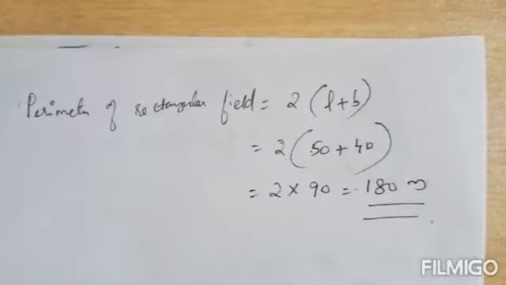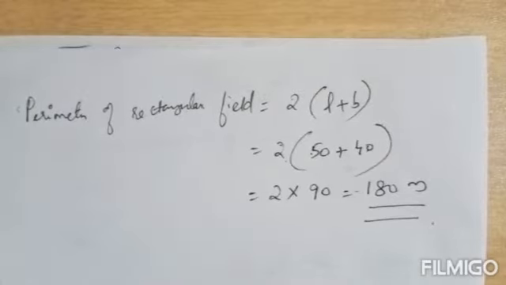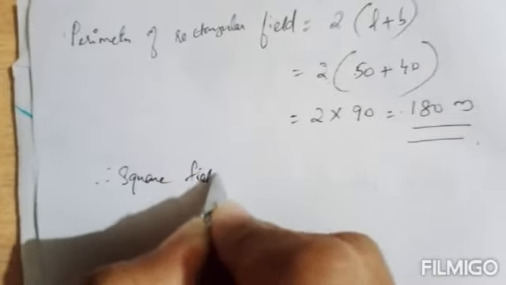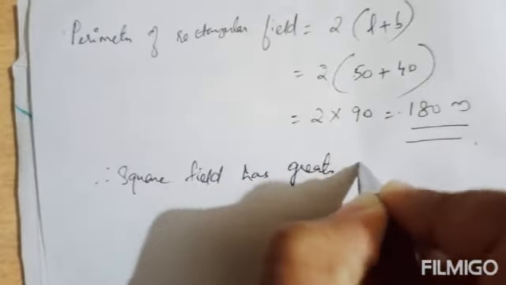So the rectangular field, its perimeter is 180 meter and for the square field we got 280 meter. So which field has greater perimeter? Yes, the square field. Therefore you can write: square field has greater perimeter. And by how much?